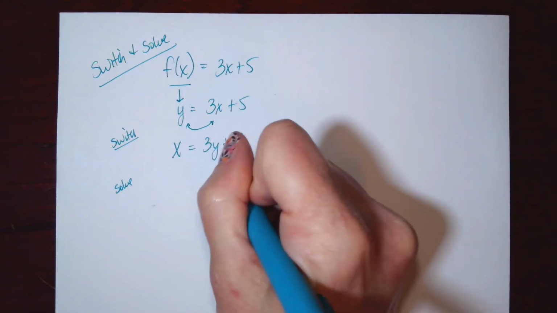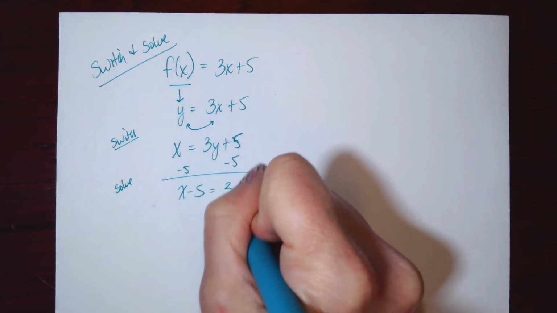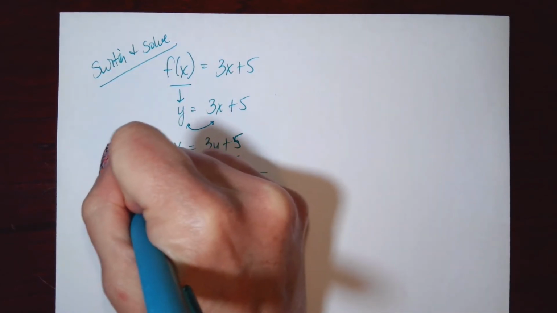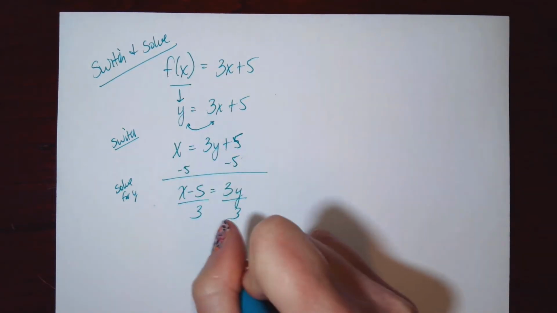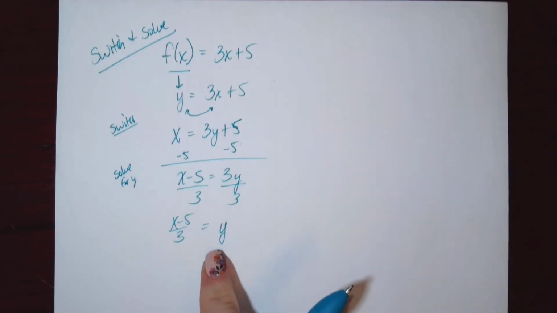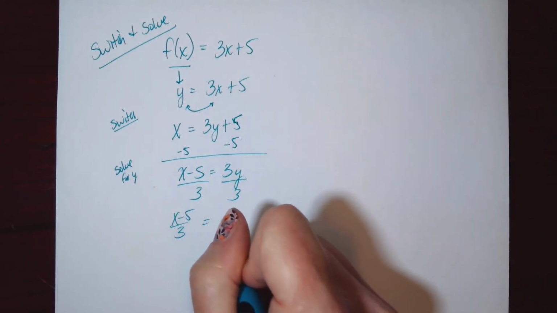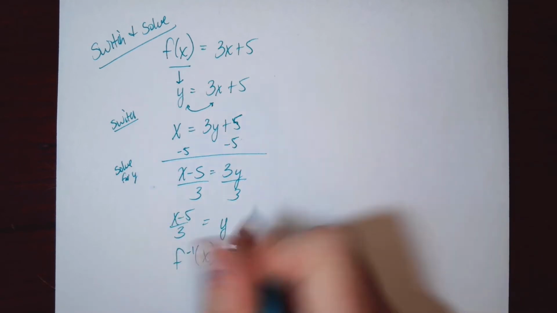So I'm going to move that 5 over. I've got x minus 5 equals 3y, and then to finish solving for y, I divide both sides by 3, so that y is equal to x minus 5 over 3, and this is my inverse function, so I replace this y with my inverse notation, f inverse of x.